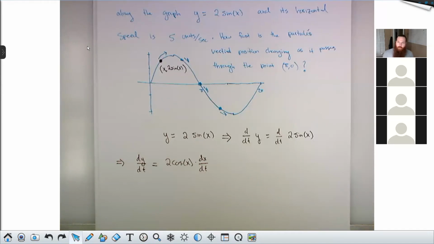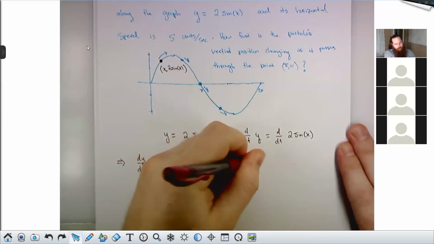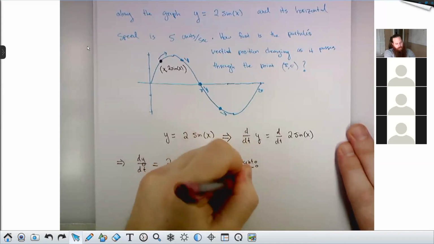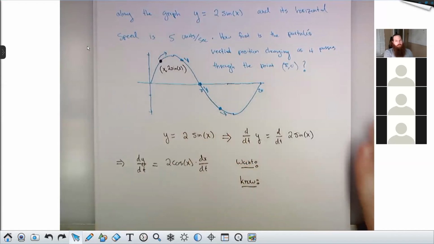So then the question is, what do I want and what do I know? Who can help me out with the want? What is the quantity that I want here? dy/dt.